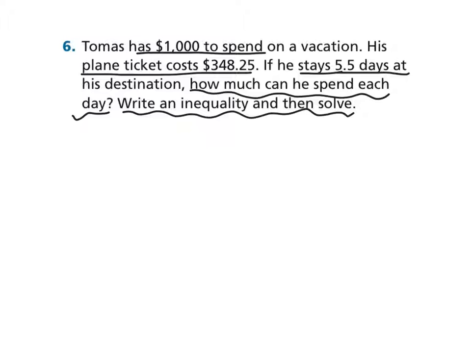So one option to start out with on this problem, writing our inequality, $348.25 that they spent on the plane ticket, plus we could say 5.5x, or whatever variable you want, however much he's spending per day here.